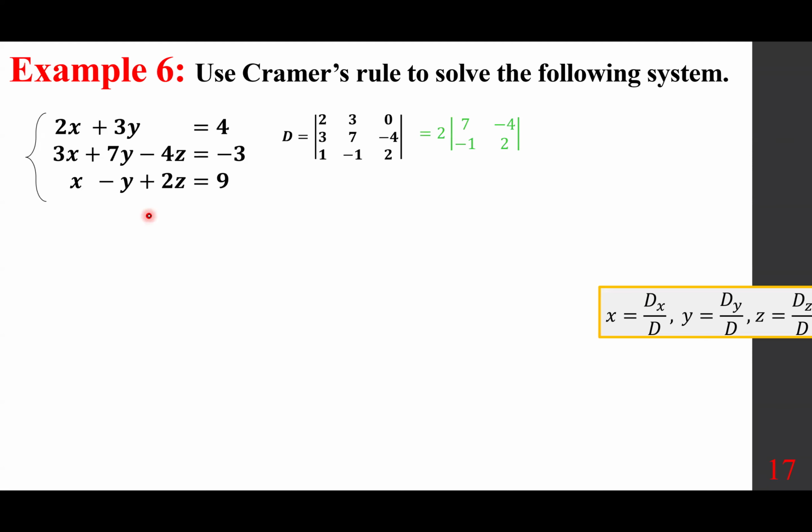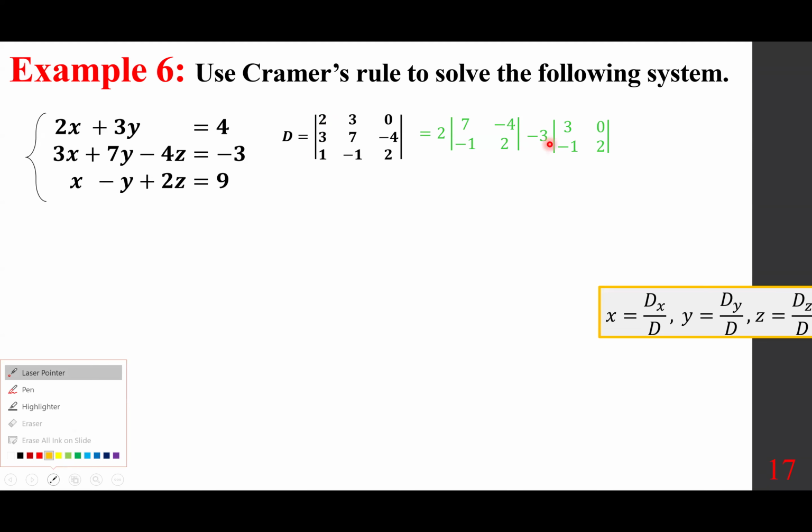For example, if we go with the first row. So 2 times, you get rid of these, 7 minus 4 minus 1, 2. Actually, we are expanding it with respect to the first column, everybody.